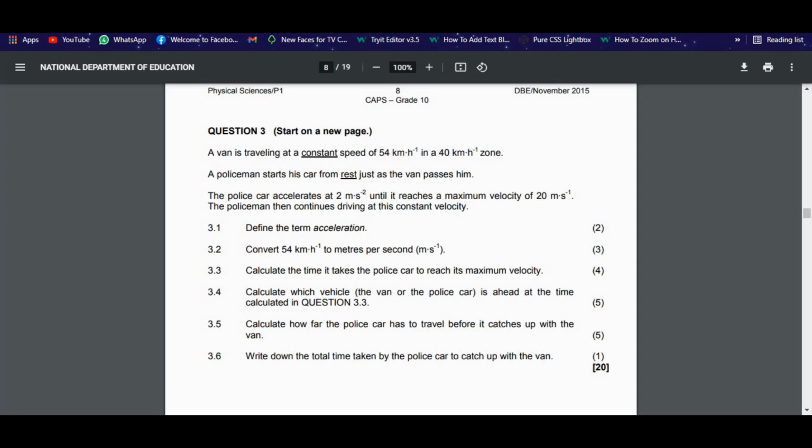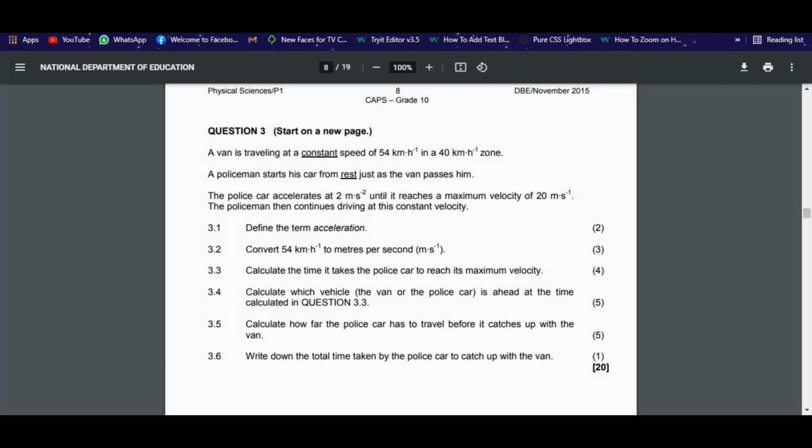Both the van and the police car are at the same position when they catch up. So in other words, the position of the police car must equal the position of the van. We just need to find out the common delta x, or common position.